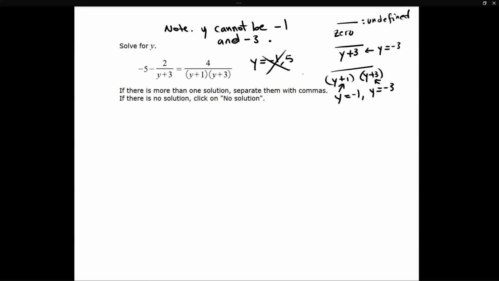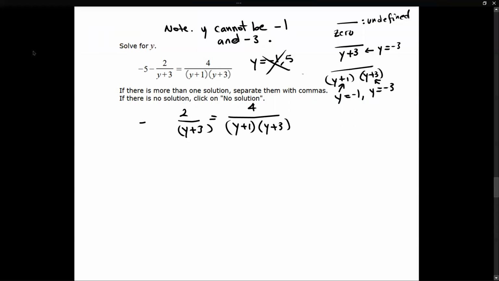In this case, we're going to use a common denominator because we have a lot of fractions, and we use a trick to simplify it. So let's rewrite. If these denominators are not factored, you factor them. Once you factor them, it makes it easier to know what you need.